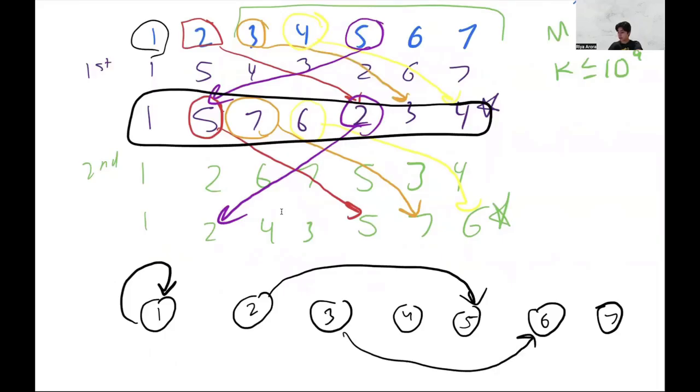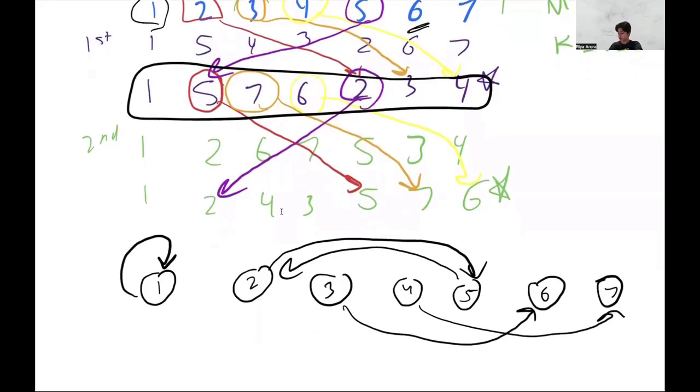The 4th item ends up in the 7th position. The 5th item ends up in the 2nd position. So we got like a loop here. The 6th item ends up in the 4th position. Trying to untangle these as much as possible. And the 7th item ends up in the 3rd position.